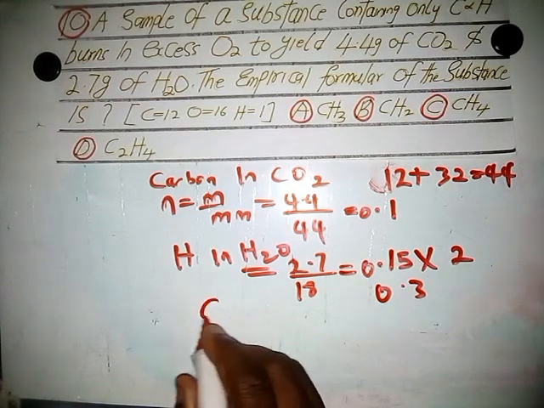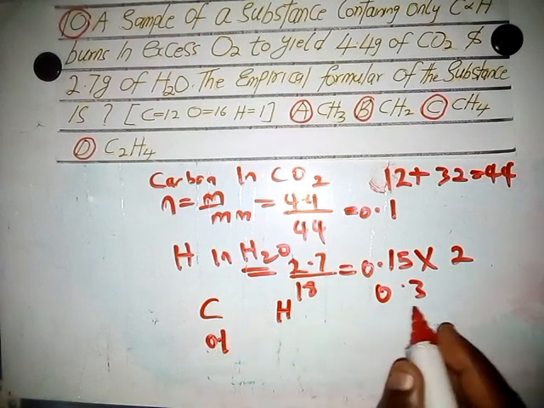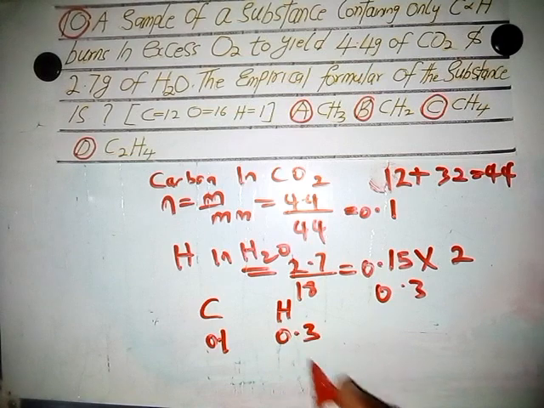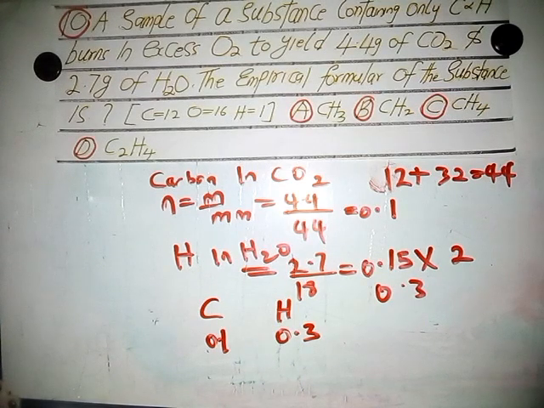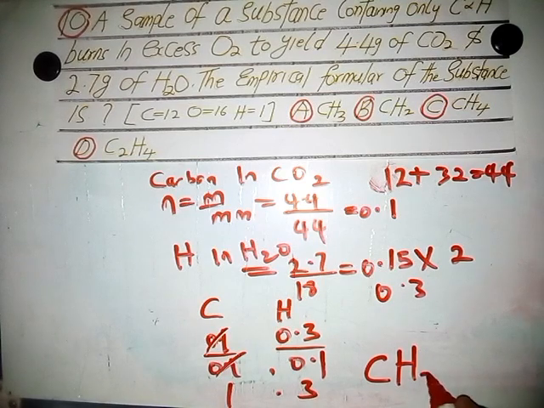So carbon and hydrogen now: C is 0.1, H is 0.3. When you have something like this, in order to make it a whole number, you can multiply by 10, or divide by the smallest, which is 0.1, and you will be doing the same thing. So this is 1, this is 3. So your answer is CH3.